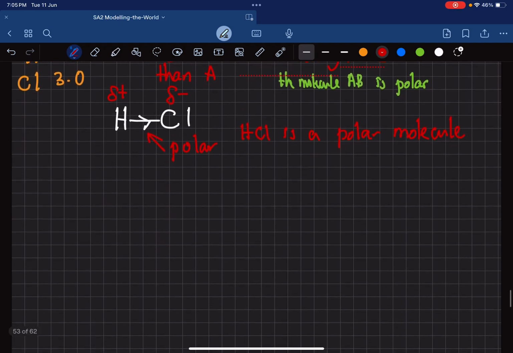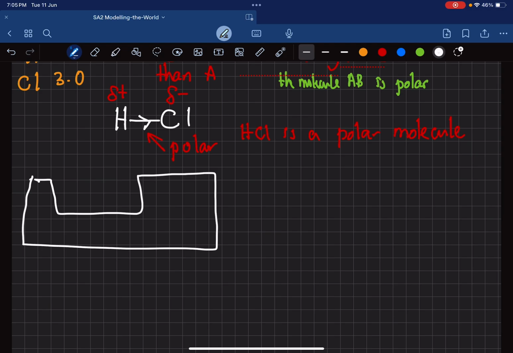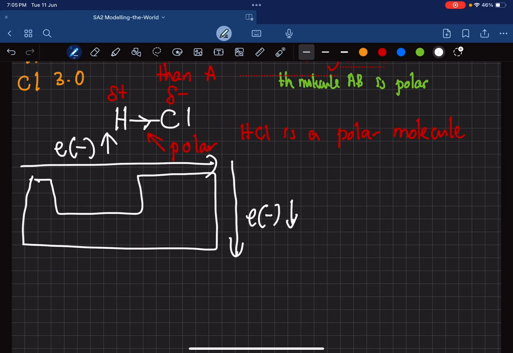To make things a little easier, you don't need memorization here.